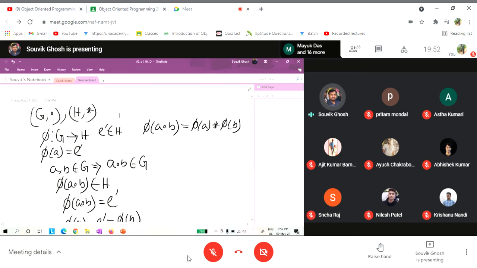Since these are arbitrary elements, and G with composition is a group, it is closed under the composition operation.